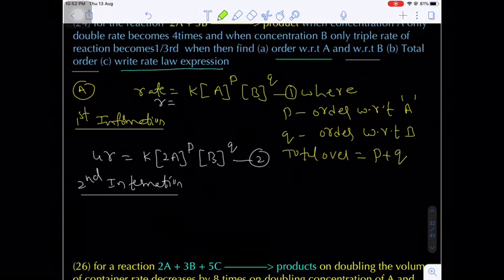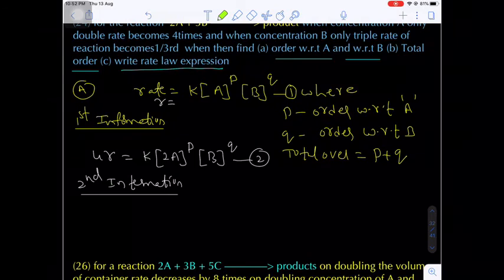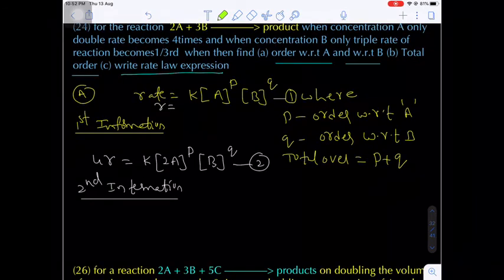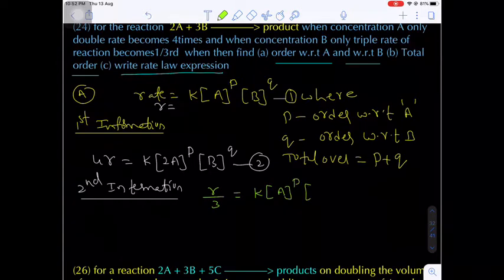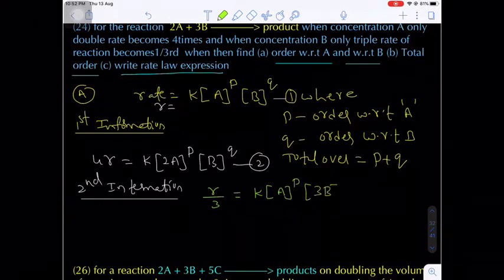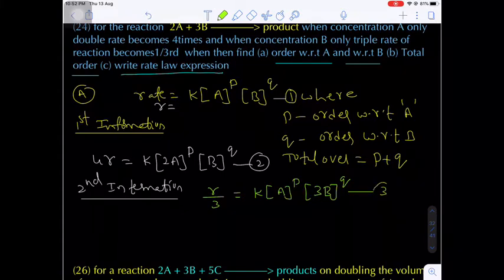That means when the concentration of B becomes triple, the rate will become 1/3, that means 1/3 into R. K is a constant. Concentration of A has no effect, but the concentration of B becomes triple, 3 times B. This will be equation number 3. After solving these 3 equations, you can find the p value and q value.